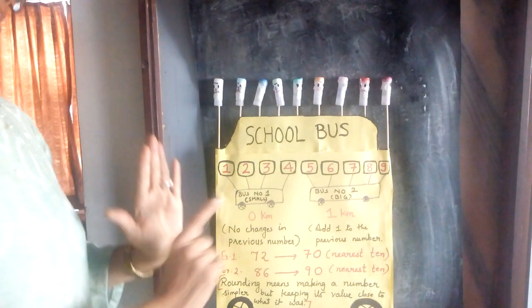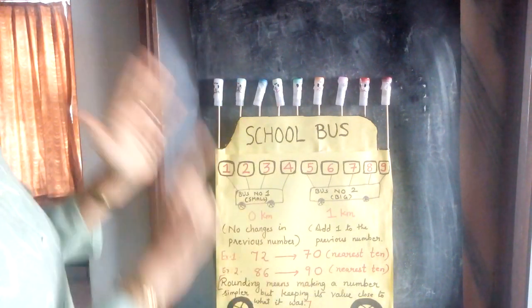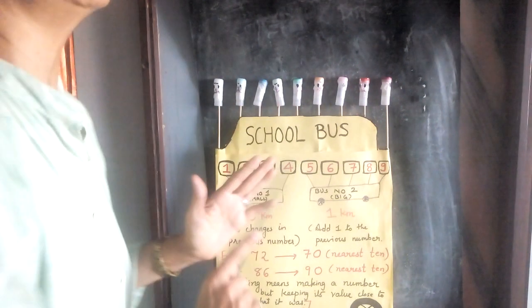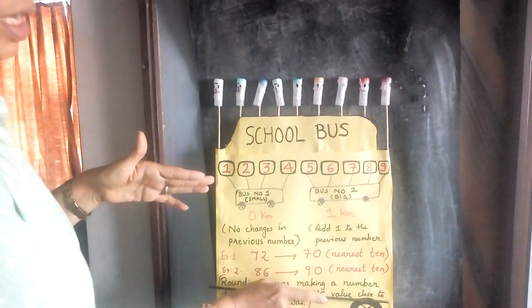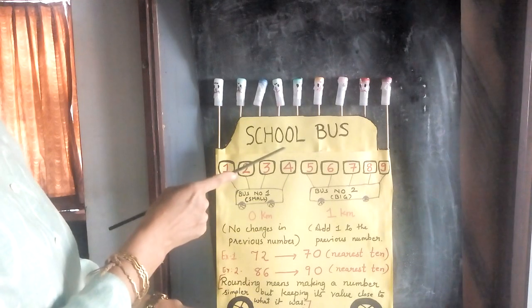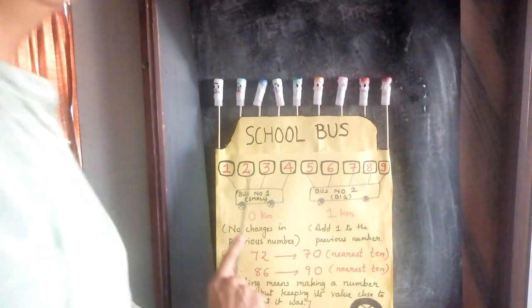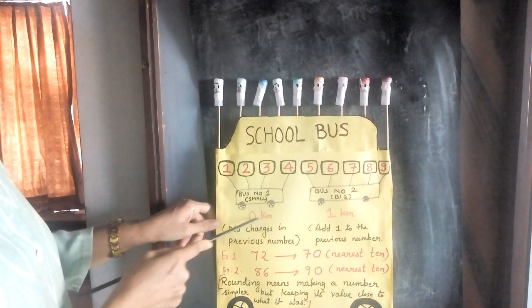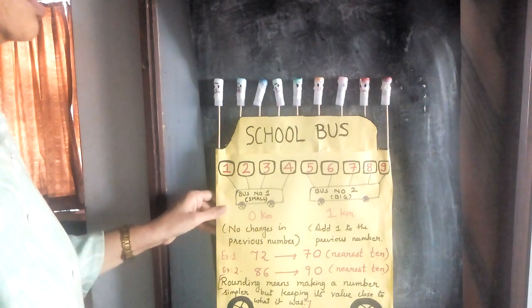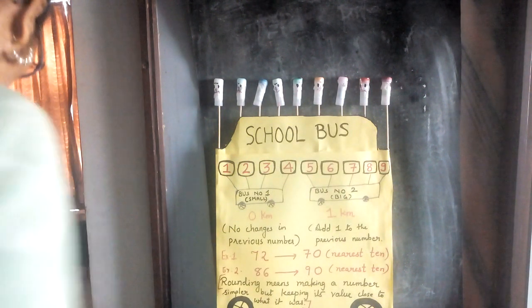This is the basic thing you should understand, what is rounding, right? So this is the meaning of rounding. That is why I have taken you to the school by school bus. Now I will explain the value of 0 and 1 kilometer. Then I will solve the sum.